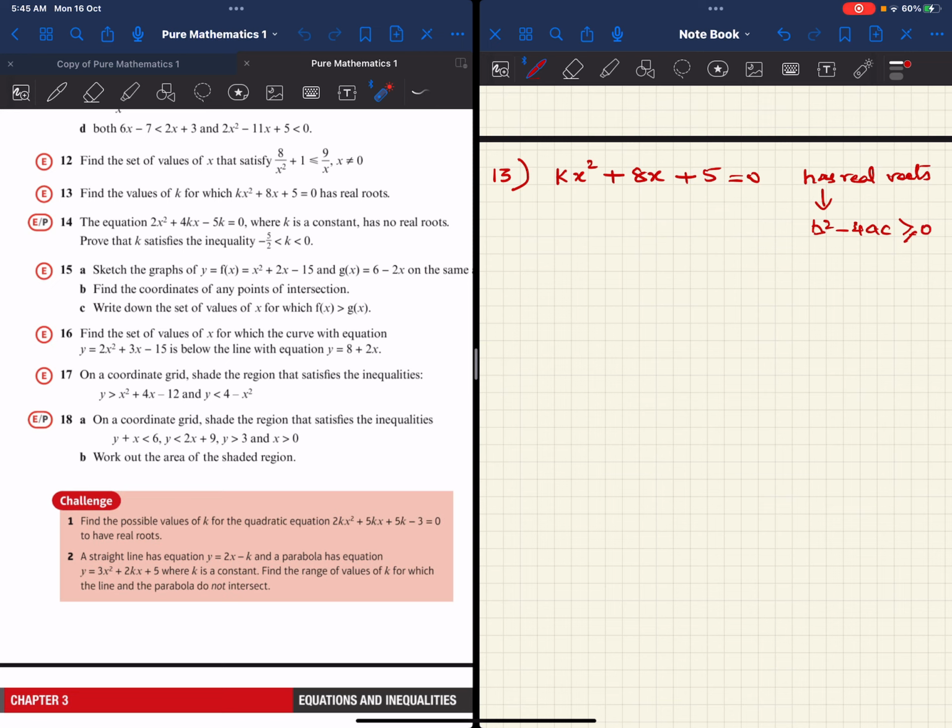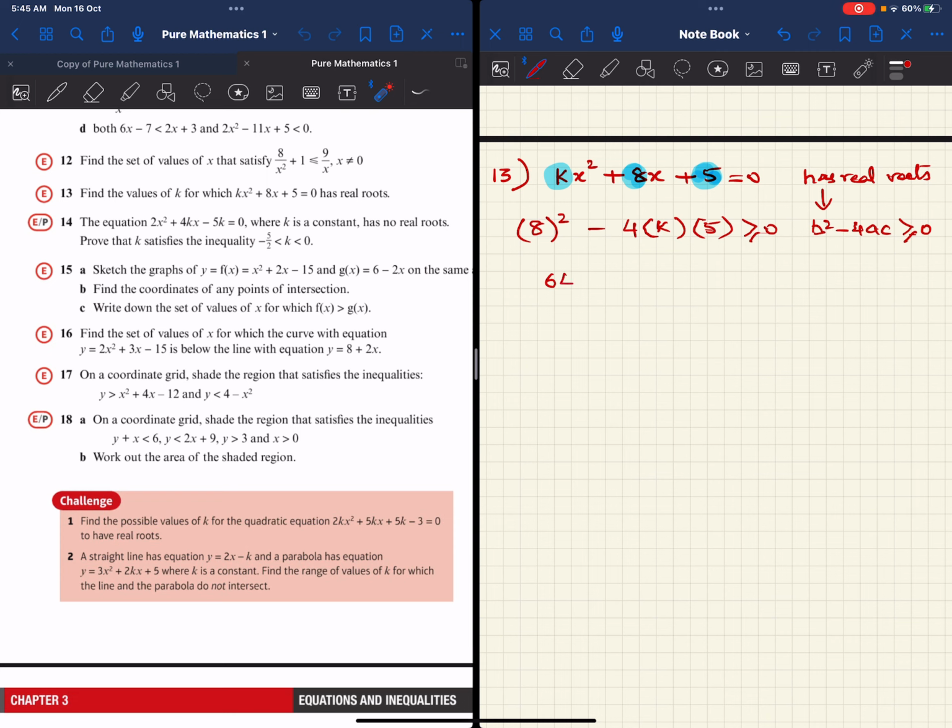So let's find the discriminant. We have a value k, b value 8, and c value 5. Therefore, the discriminant will be b squared minus 4 into a into c, and that should be greater than or equal to 0.